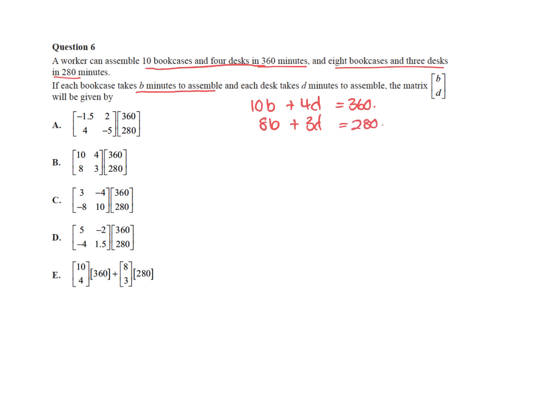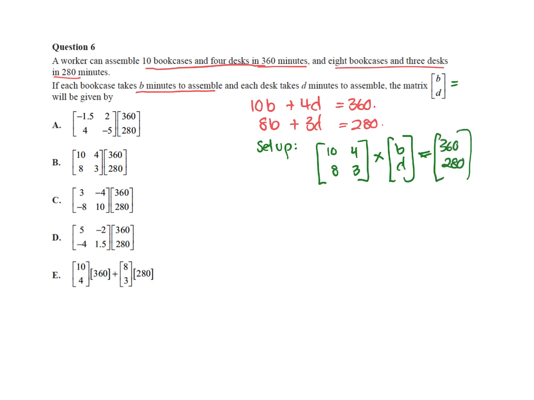Okay, so if you were trying to find what they're asking, they're saying, what is that equal? We know the setup would look like this: 10, 4, 8, 3 times B, D equals 360 and 280. But they want to know how you solve it.